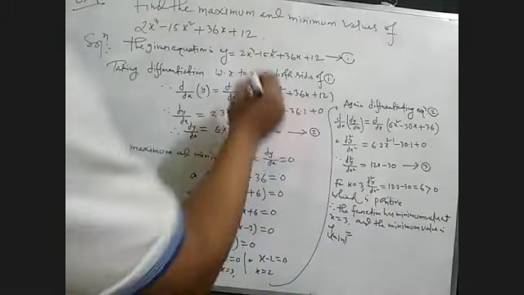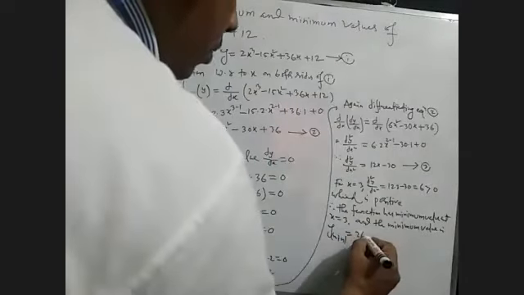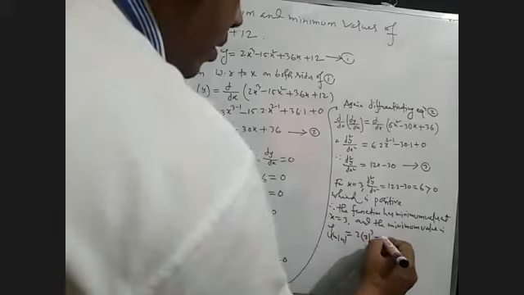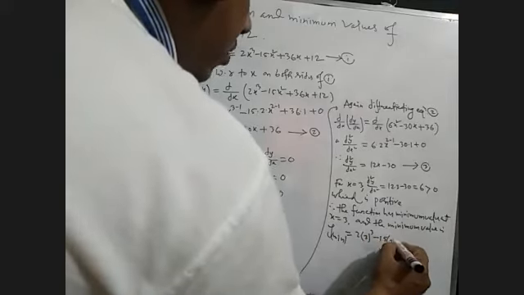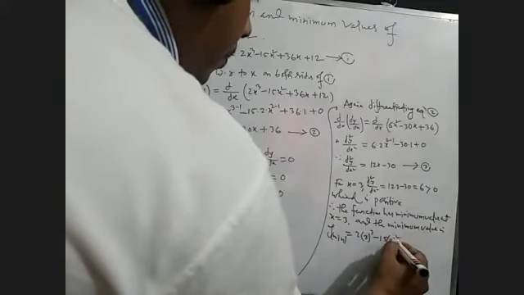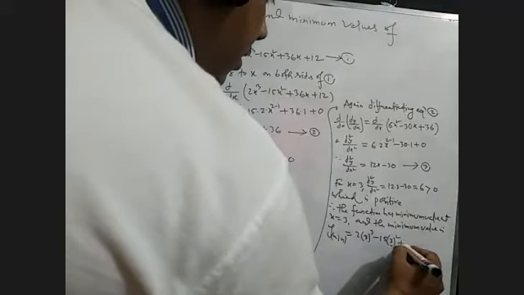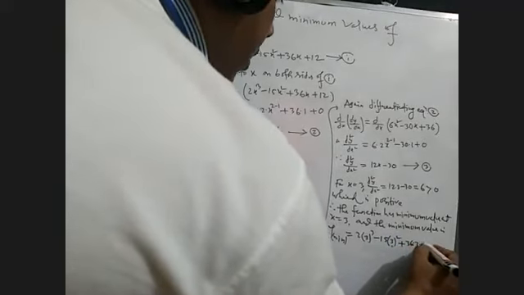Putting x equals 3 here in equation 1: 2 into 27, minus 15 into 3 whole square, plus 36 into 3 plus 12.